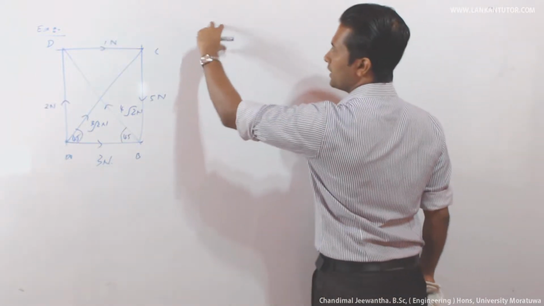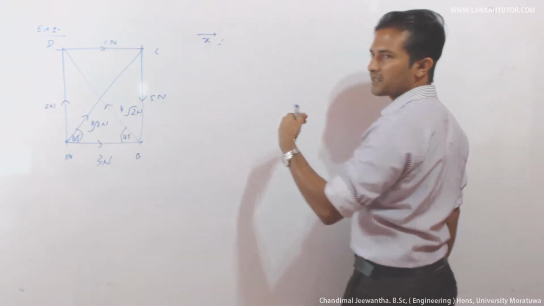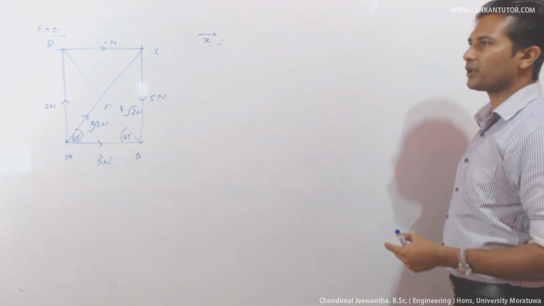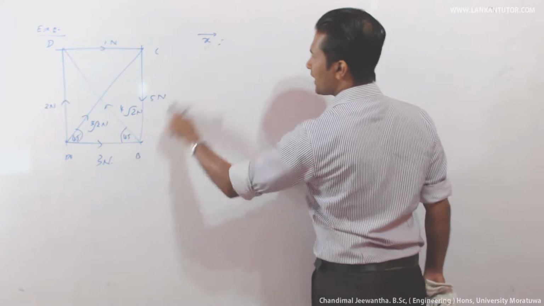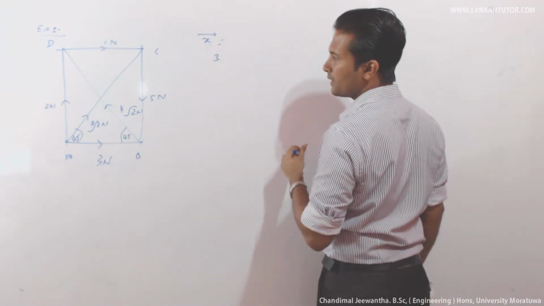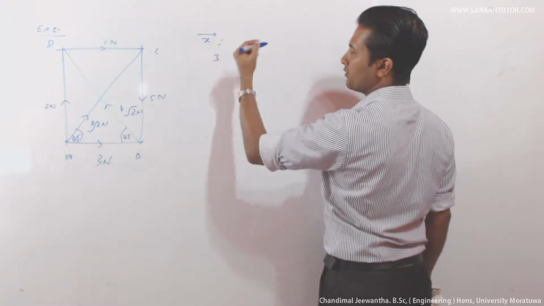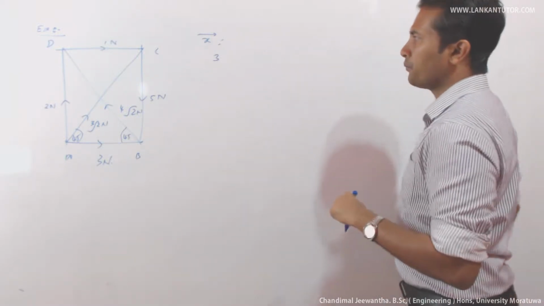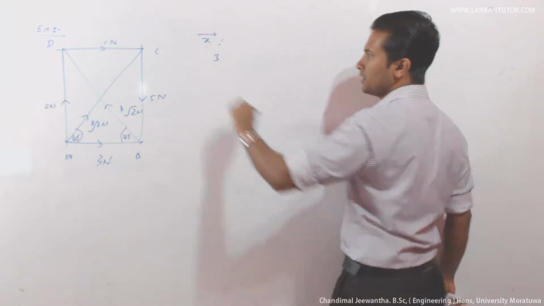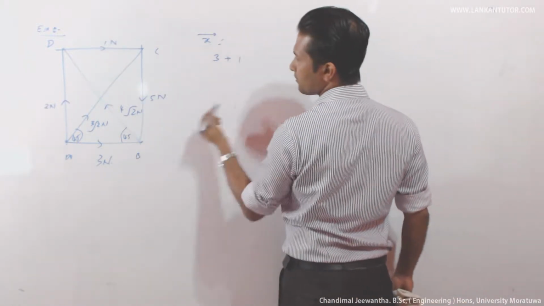So here you have to get the component along x-axis as well as y-axis, then get r square equals x square plus y square. Considering this direction, 3 newtons can be considered because we are considering the positive direction of x-axis as plus.